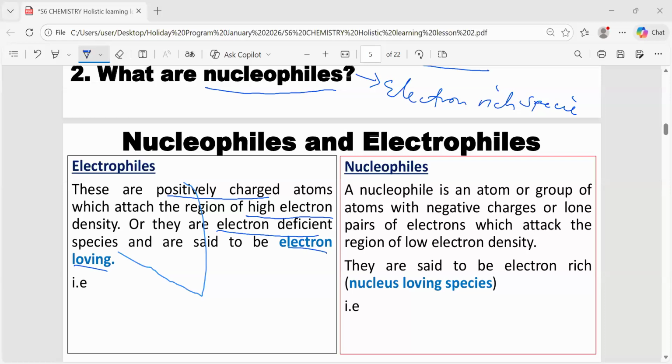I'm not very sure, but I think zinc is one of the electrophiles. He's saying zinc. Okay. We are saying that electrophiles are positively charged atoms which attack the region of high electron density.